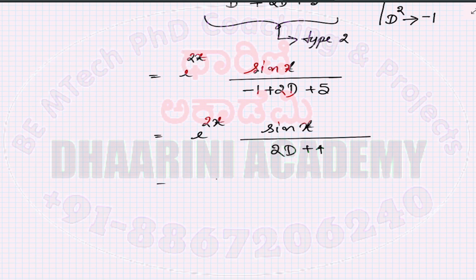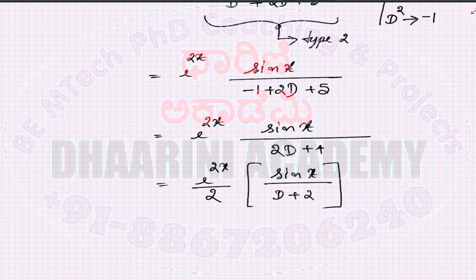What I do, I'll try to further simplify this. e^(2x) divided by 2, I'll take the 2 common outside, and I'm going to write sin x by D + 2. When I have D + 2, in order to get a D² in the denominator, I'll multiply and divide it by D − 2. So D − 2 into D − 2.